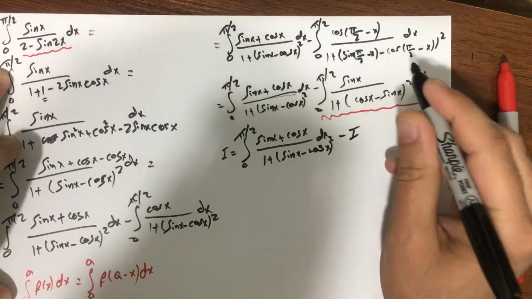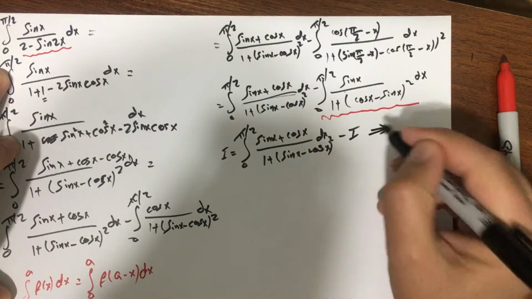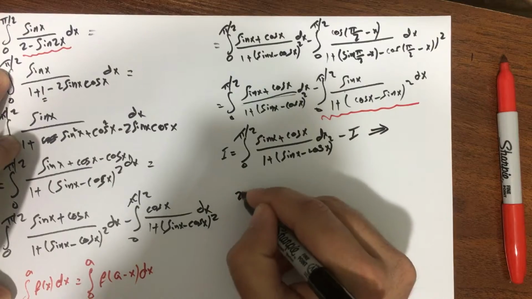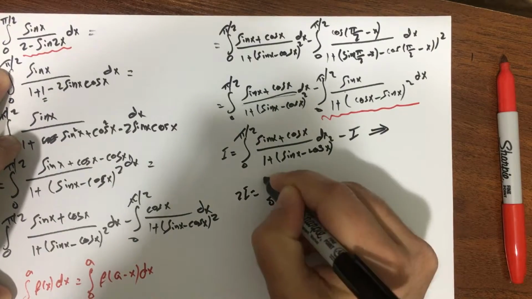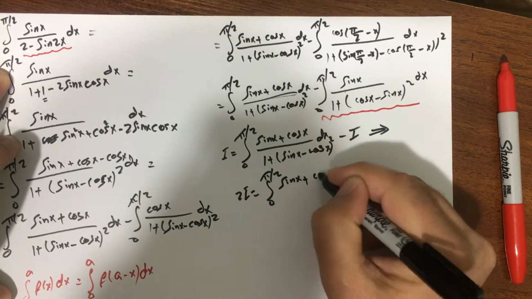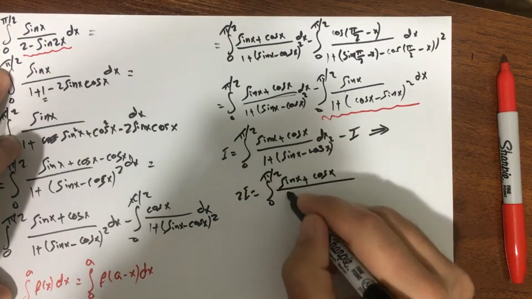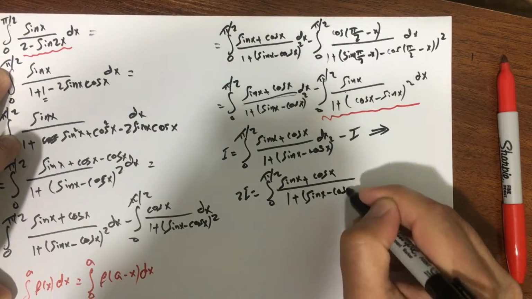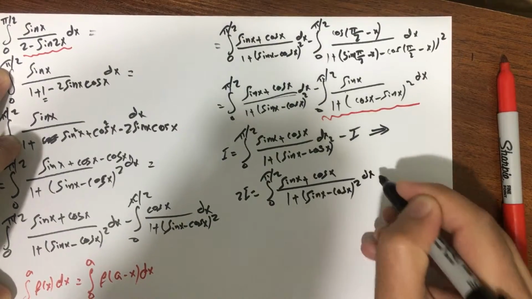This is minus I. So if we move this minus I to the other side, we have 2I equals 2 times the integral from 0 to pi over 2 of sine x plus cosine x over 1 plus sine x minus cosine x squared dx.